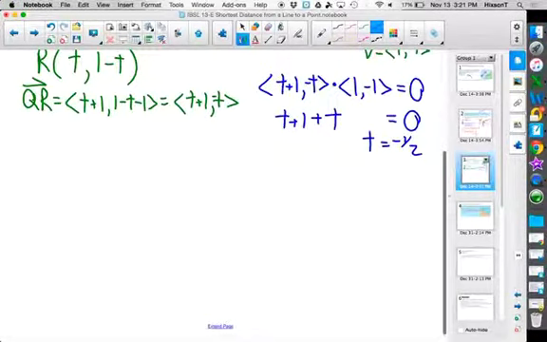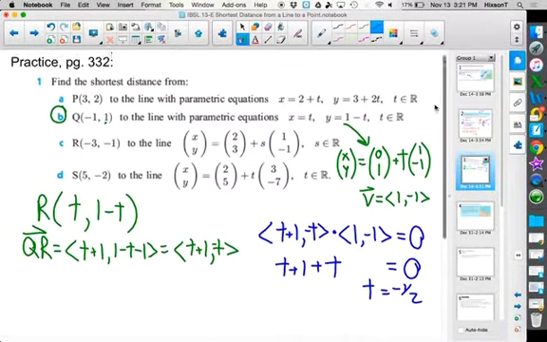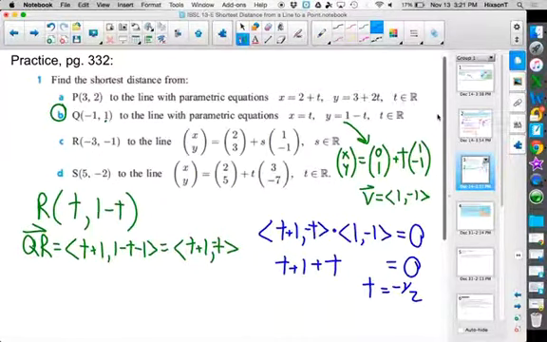Good. Okay? So that's the time when point Q is the closest to the line. Now, do note here, they ask for the shortest distance. Okay? So have we answered the question at this point? Is it the magnitude of the vector?